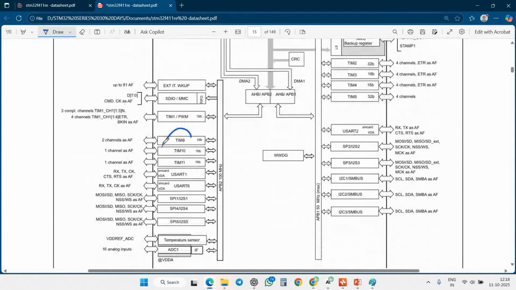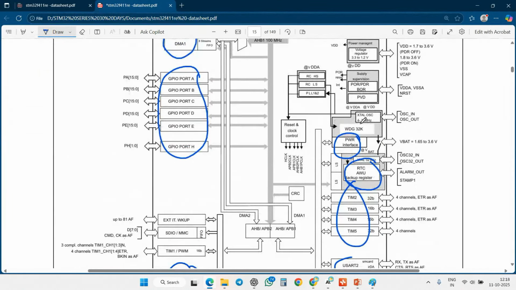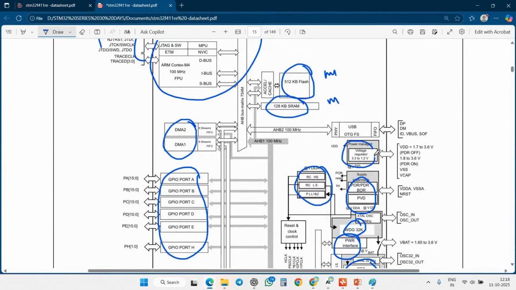And if you just see this, timer, USART, SPI, ADC, temperature sensor, and I2C, USART, timer, and you can see the backup registers, PWR, watchdog timer, and reset or brownout reset, and your RC register, phase lock loop, and the voltage regulator, the tolerant voltage is done here, and USB OTG and buses.